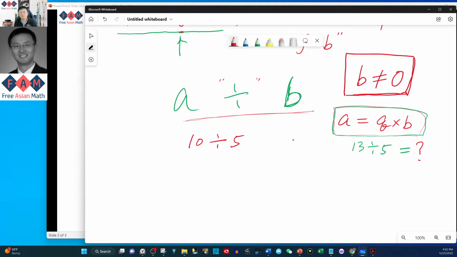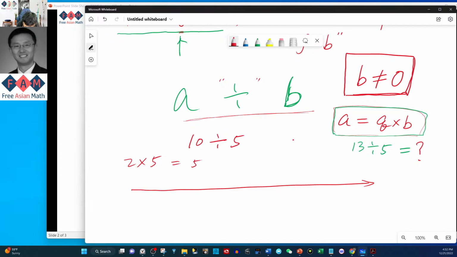Remember, we define multiplication as repeated addition. Just as a reminder, how do we do that? So if we want to say 2 times 5, how do we do that? Well, that's just repeated addition, right?